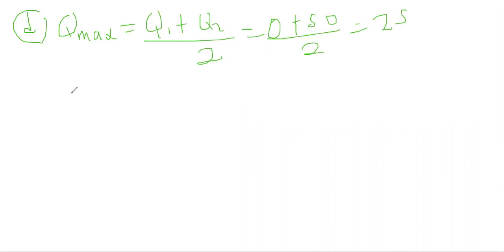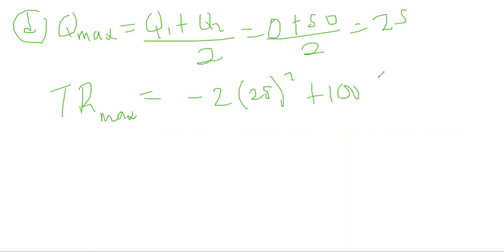So to find the maximum total revenue, we will have to substitute this into the total revenue function. And if we do that, it will be minus 2 times 25 raised to the power of 2, plus 100, then times 25.